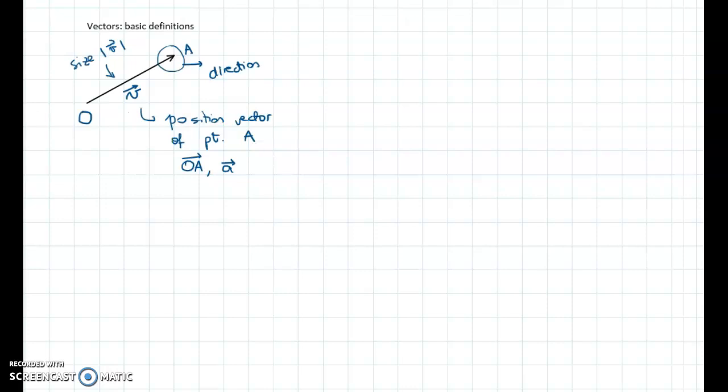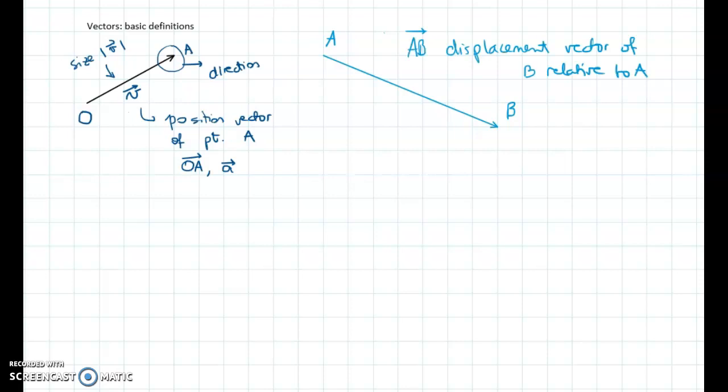I'm gonna consider another vector, let's say here. And let's say that this vector goes from a point A to a point B. Then we will say that the vector originates at A. If we have another vector, let's say here, I'm going to call it w.